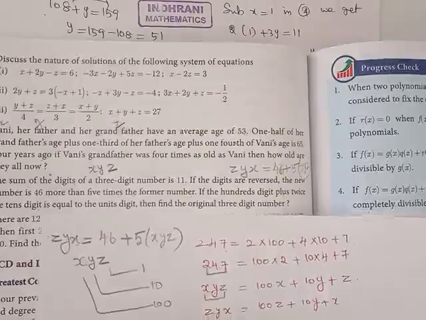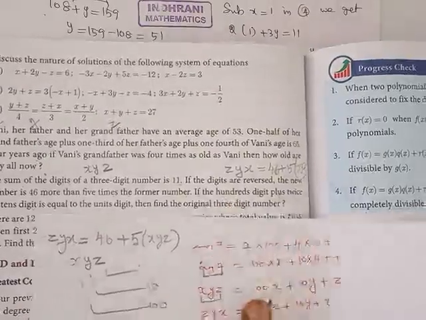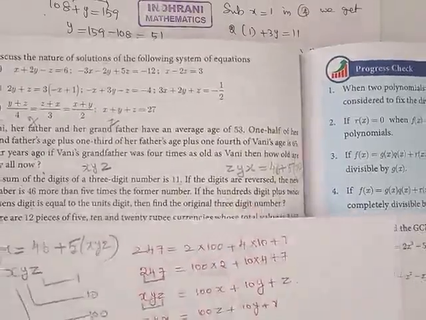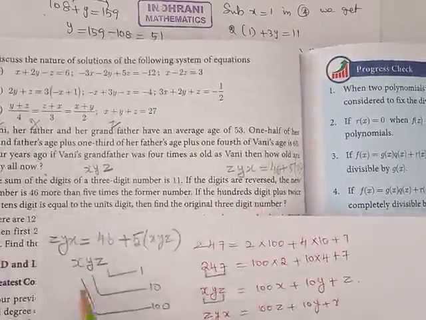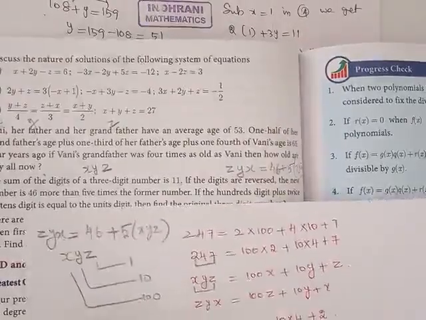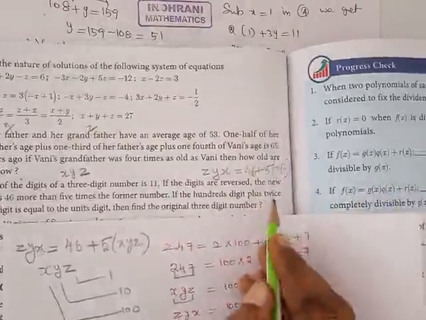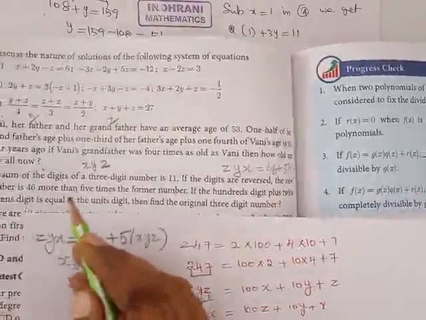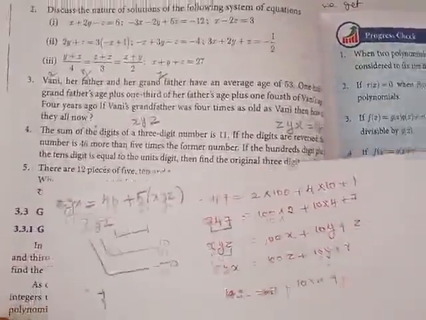Okay, now what is the condition given? If the 100th digit, what is the 100th digit? X is your 100th digit, plus twice the 10th digit.